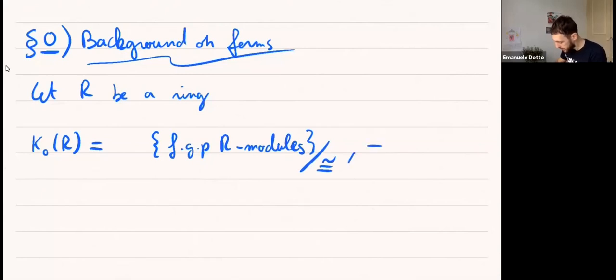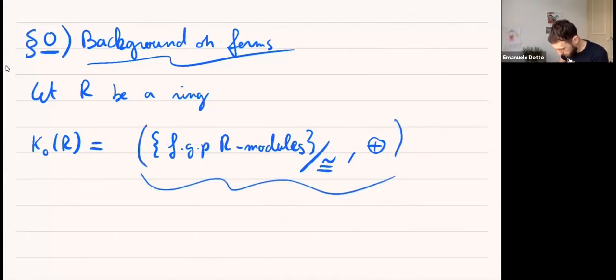We realize that this is a monoid under direct sum of modules. And if you have a monoid, you can always group complete, meaning formally add inverses, or perform the Grothendieck construction. This is the same procedure you do for passing from the natural numbers to the integers, for example.